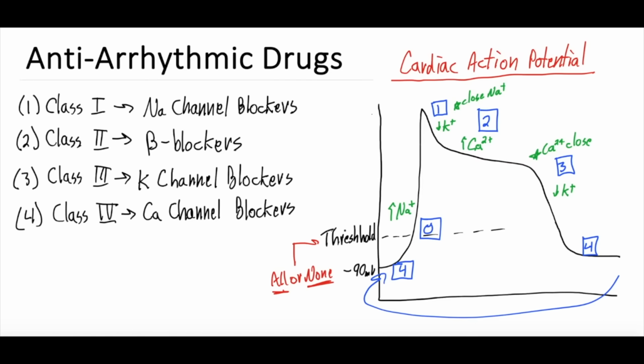By doing so, they decrease the slope of phase 0 so that the action potential is slowed down. So you can picture it like this, right? The slope is here, to slow down that action potential, and it takes a longer time to depolarize. And that can assist with arrhythmias. By slowing down that action potential, you get less re-entry and things like that.